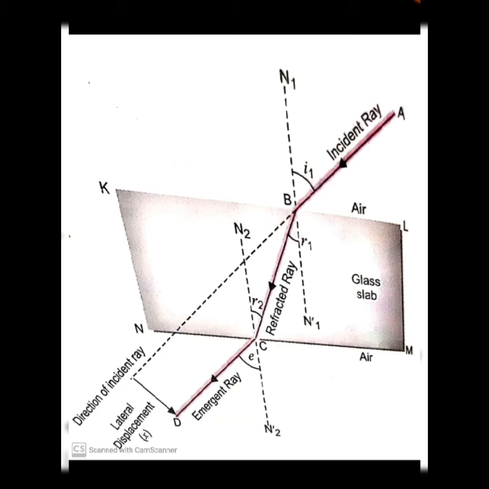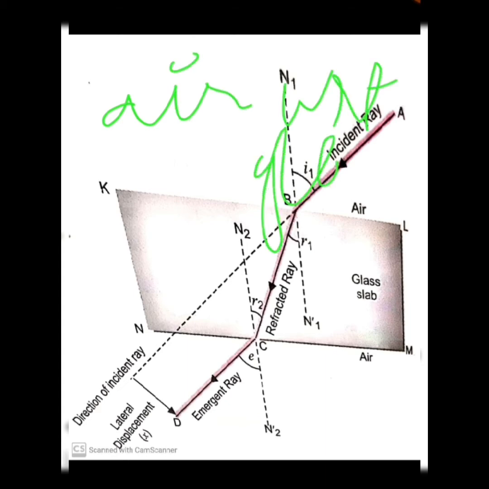Now here you can again apply Snell's law, and that will be sin R2 upon sin E is equal to the refractive index of air with respect to glass. So what will happen here?